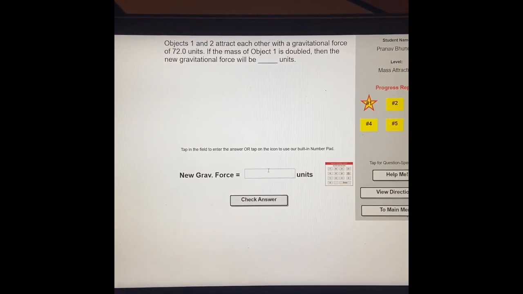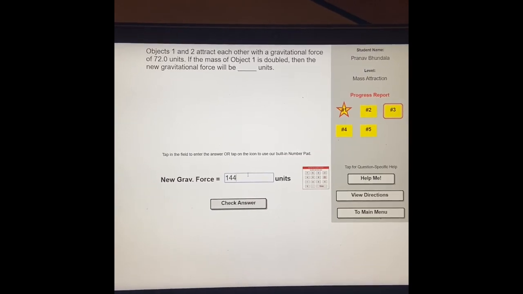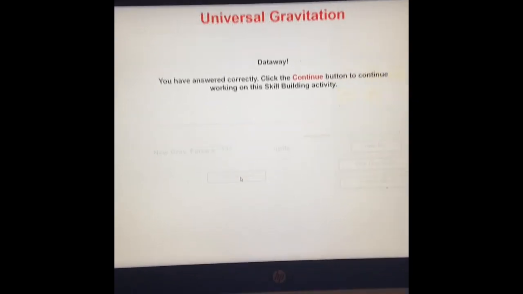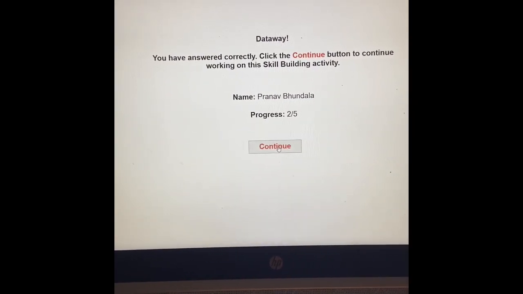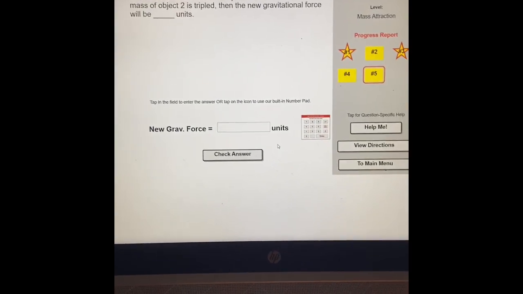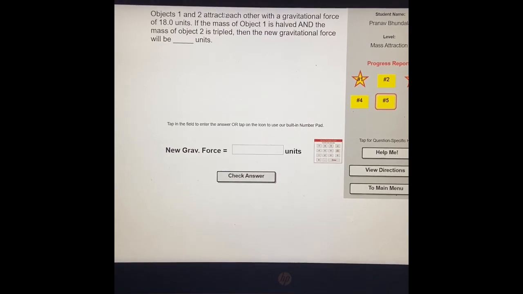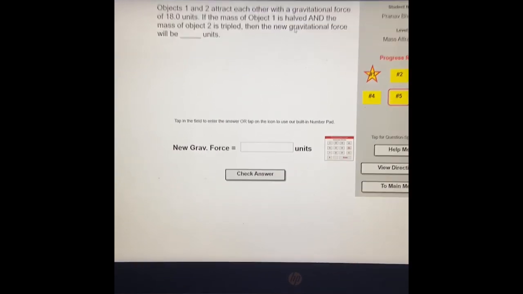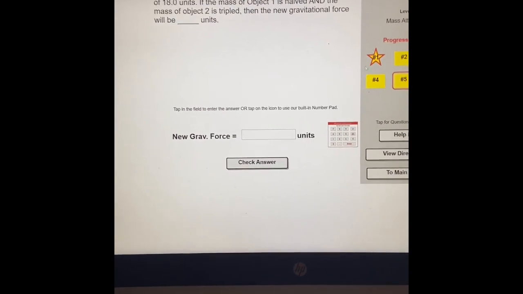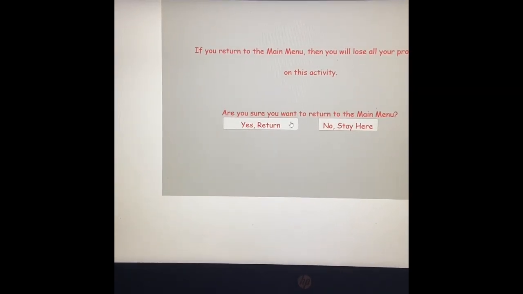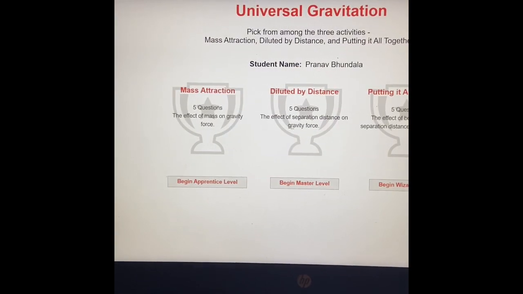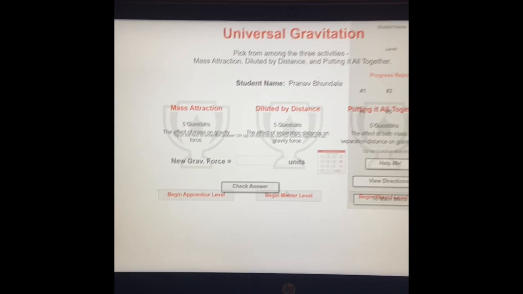So 72 times 2 is 144. Great job. So I think we're done with this for now. As we can see, mass and gravitational force are directly related. Let's move into distance.